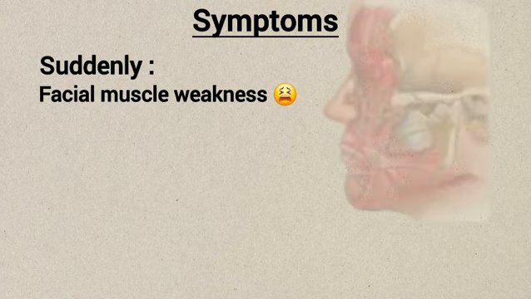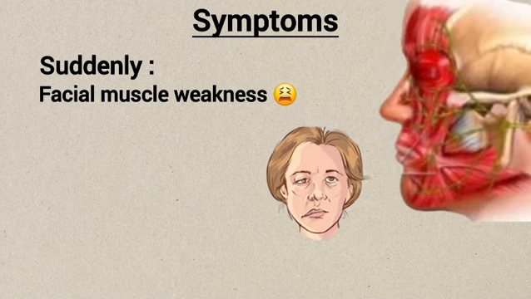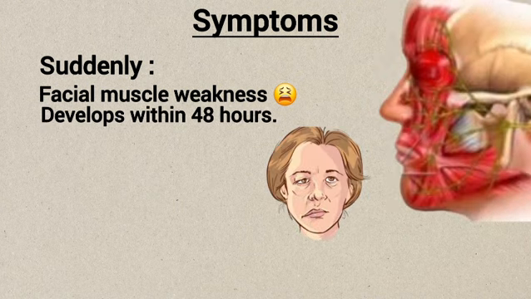Now let's discuss the symptoms of Bell's palsy. As I told you, the symptoms of Bell's palsy can occur all of a sudden because of the causes. The symptoms include sudden facial muscle weakness, meaning facial paralysis, and this paralysis can develop within 48 hours.